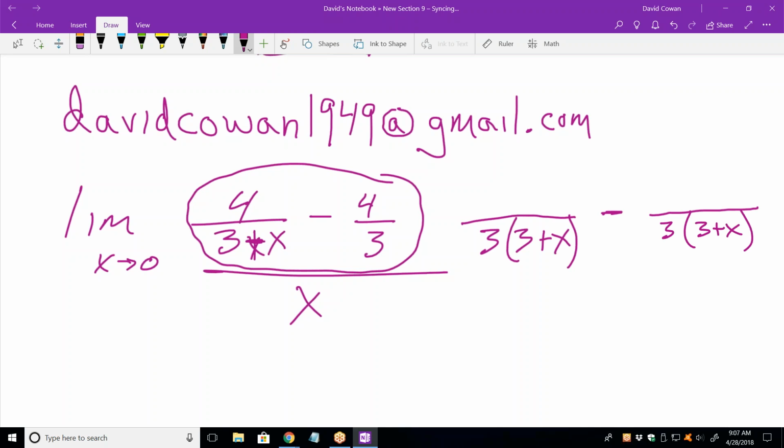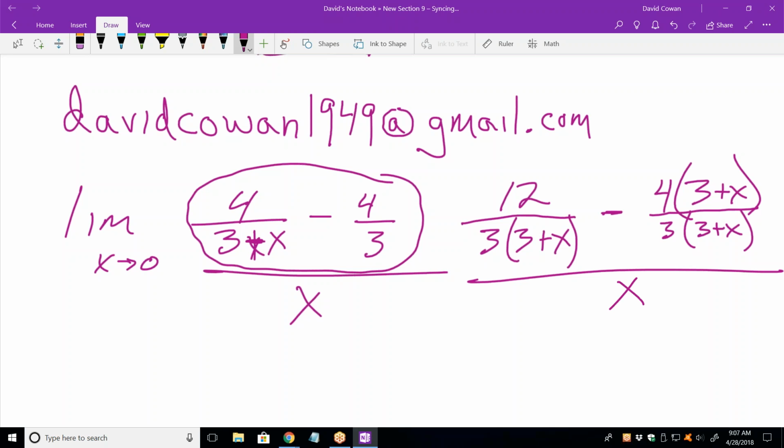What goes in the upper left? 4 times 3, so 12. And the upper right is 4 times 3 plus x. All over x.